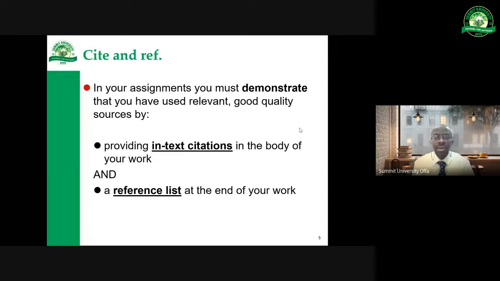And at the end of the day, there must be what we call a reference list. So to justify that you have consulted and used relevant, good quality sources, you must provide in-text citations and a reference list or bibliography at the end of your work.